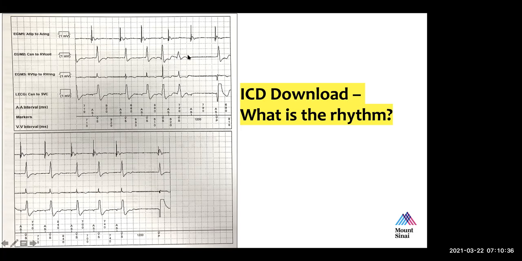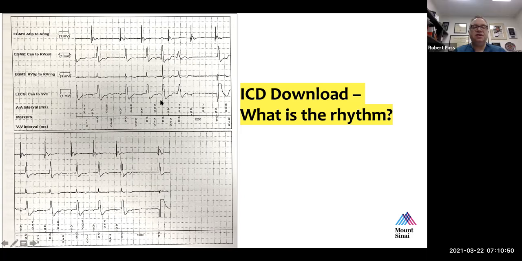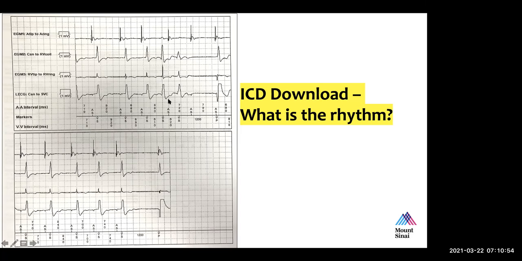And then there is again an A sense, but it's not conducted. So it waits. And then again, it A senses and V paces. Earlier, we were just A sensing, V sensing, but now we are not conducting. So what do you think is happening in these 2 beats here? That there is like a PVC, maybe it's sensing. That's right. It's V sensing, but not pacing.